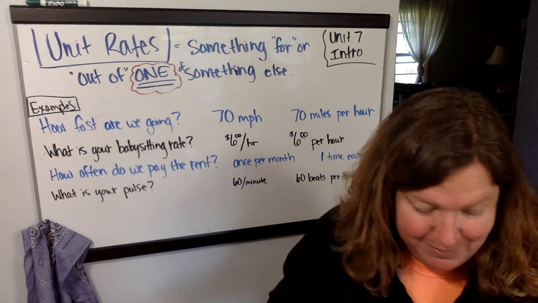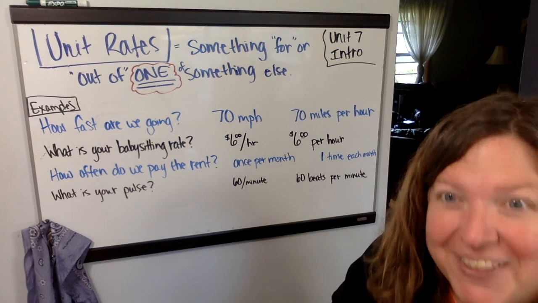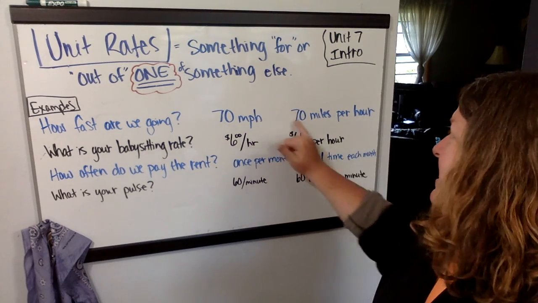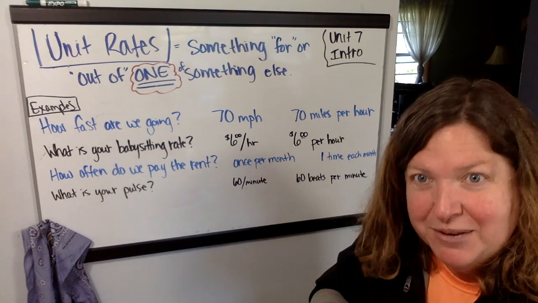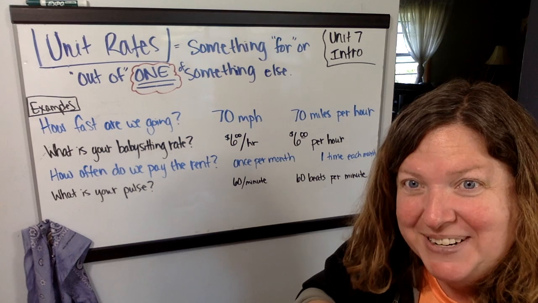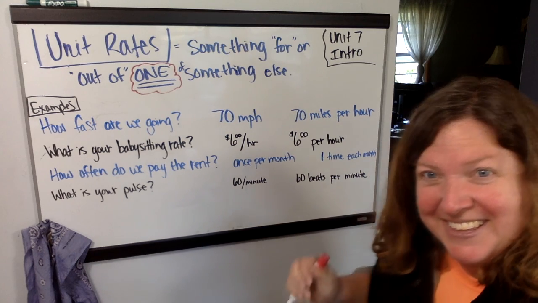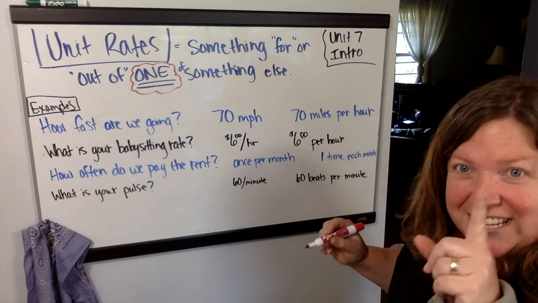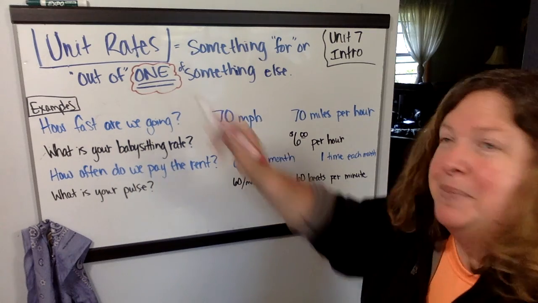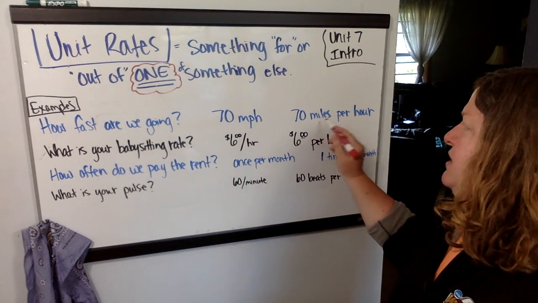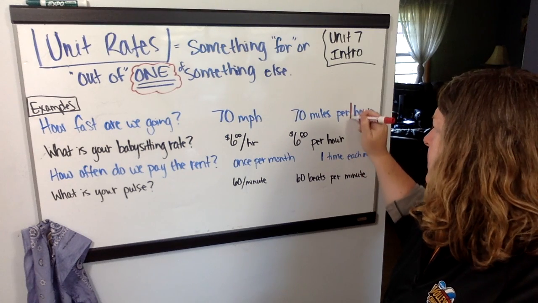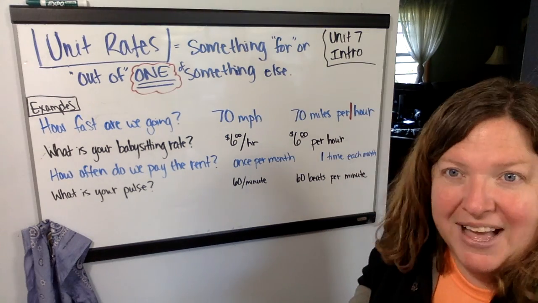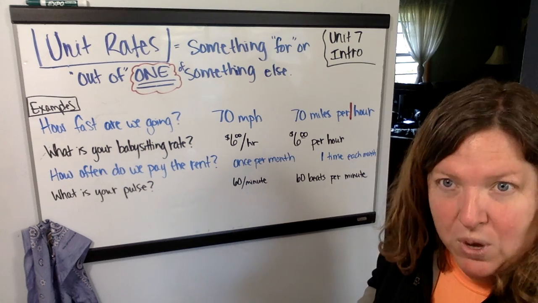Now, if you remember from the fall, there's a number that's invisible in there somewhere. There's some invisible number. Do you remember what it is or where it is? Well, I hope you're saying it's that invisible one. That's what makes it a unit rate. We're going 70 miles per 1 hour. There's an invisible one in there.